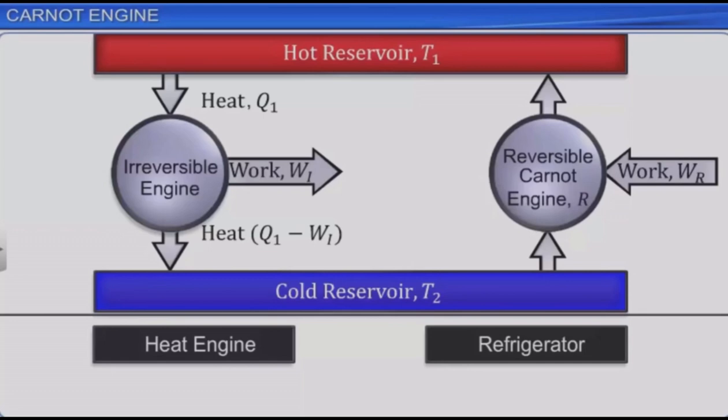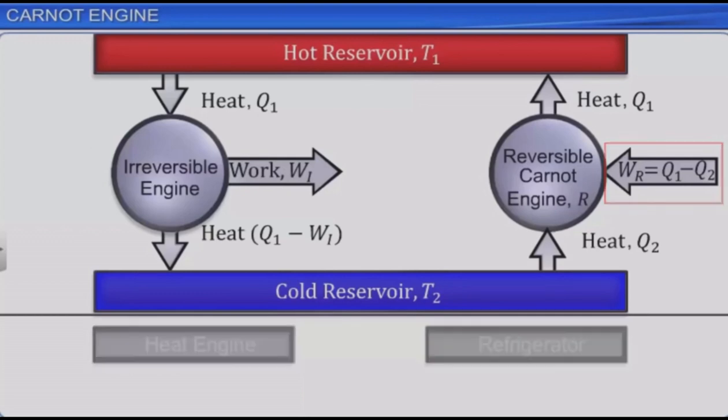Let us also assume that the engine R, which is working as a refrigerator, absorbs heat Q2 from the cold reservoir and returns heat Q1 to the hot reservoir. Then the work done on the engine R, Wr, must be equal to Q1 minus Q2. This also implies that Q2 is equal to Q1 minus Wr.